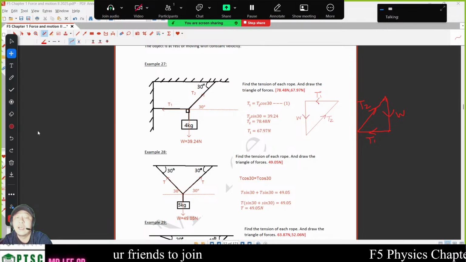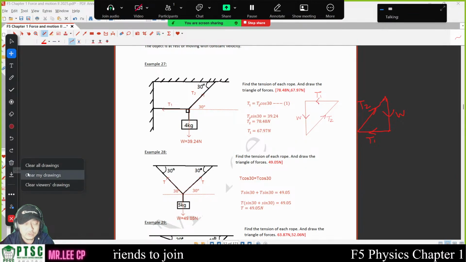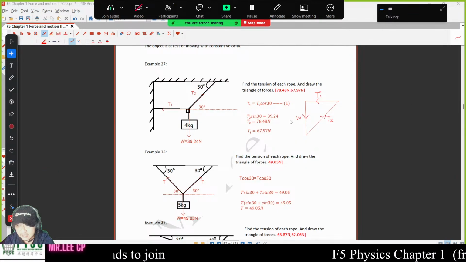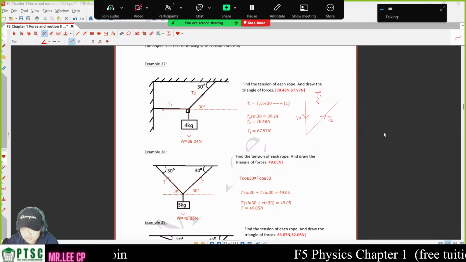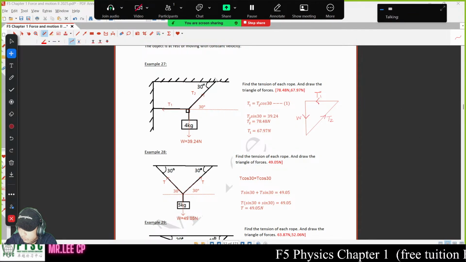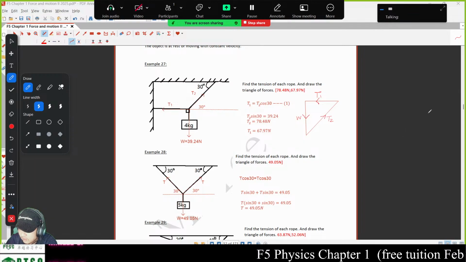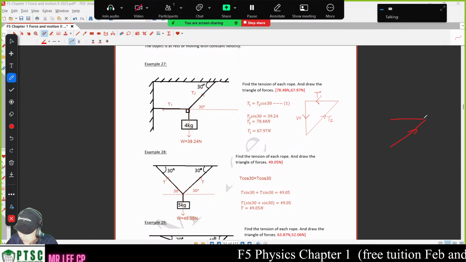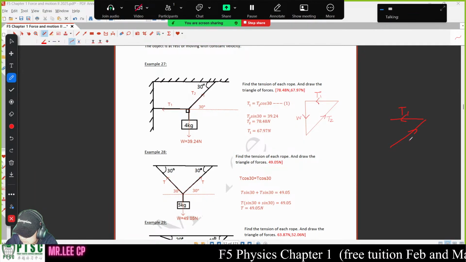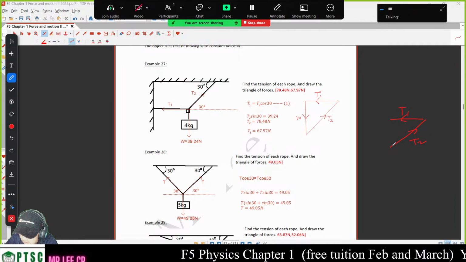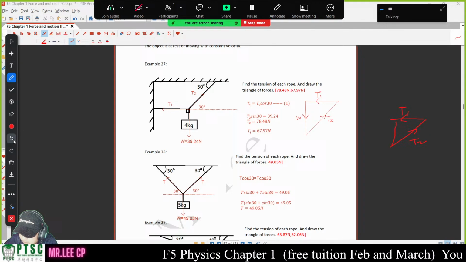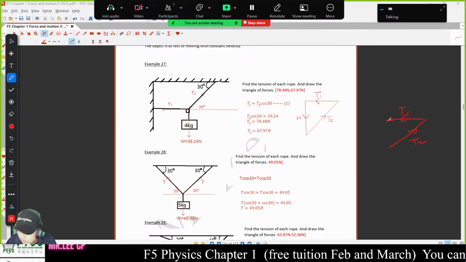Now, most of the students misunderstand this triangle. Students say: teacher, previously you said T1, T2, and then T1, and this one goes to here, this one goes to here. It is supposed to be here to here, right? But your W is going down.